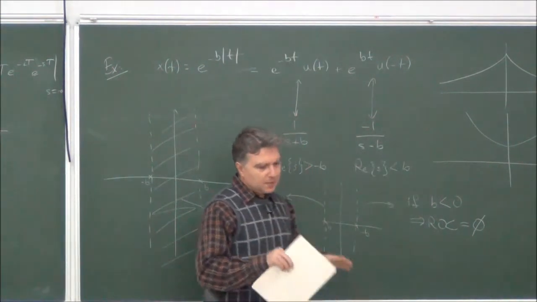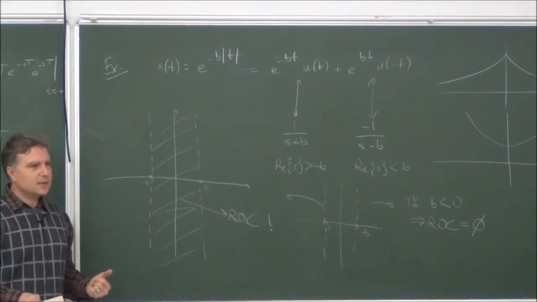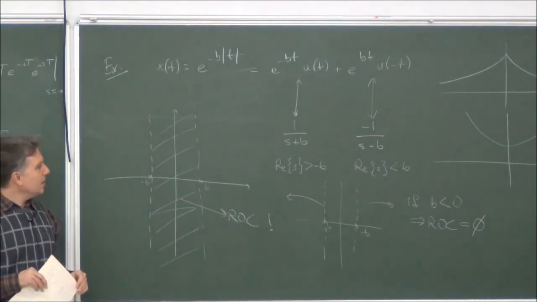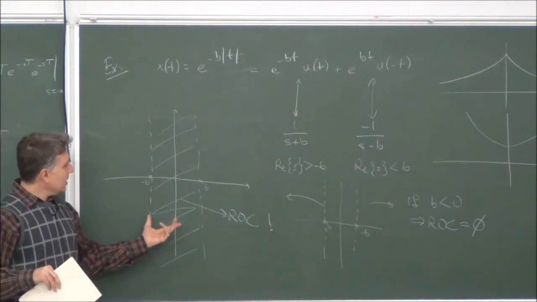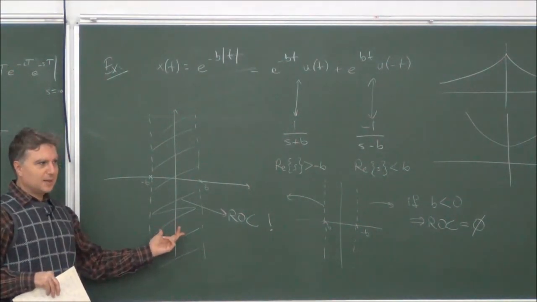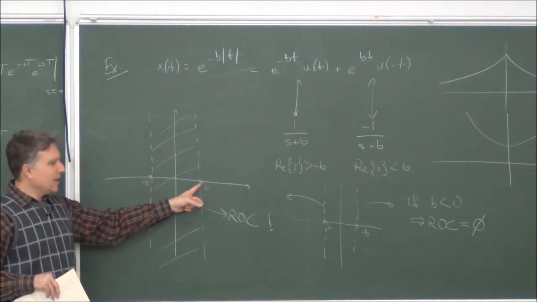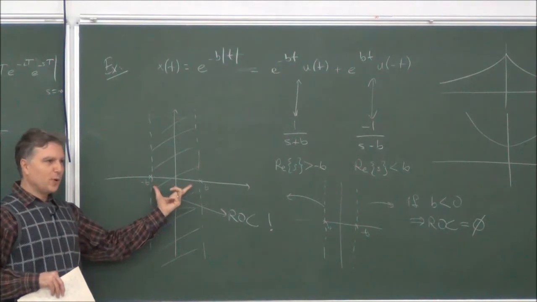The other one, if it is decaying at both sides, the Laplace transform usually exists. But if it is two-sided like this, extending at both sides, we expect a stripe, something like this, between two poles. We expect a region of convergence between two poles.